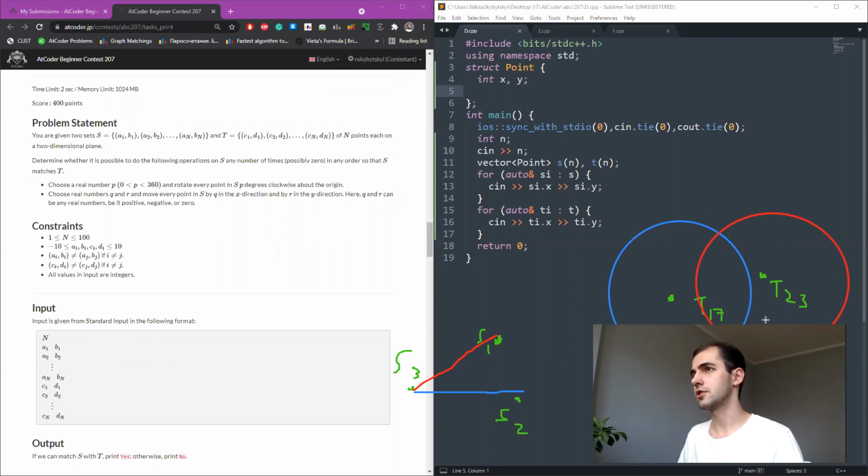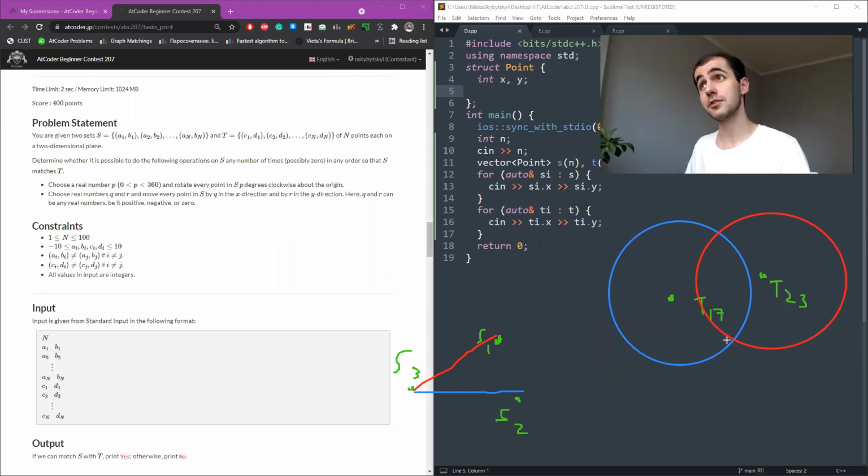Then you draw another circle, and you can see that there is an intersection point. You may say there are actually 2 intersection points, and you will be absolutely right. Because of that, we are also going to introduce whether this directed angle is positive or negative. Here it will be this way, and here it will be this way.